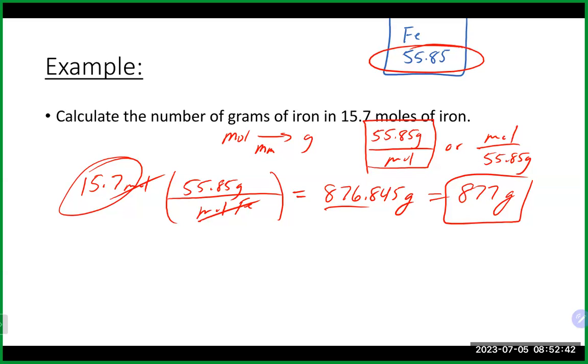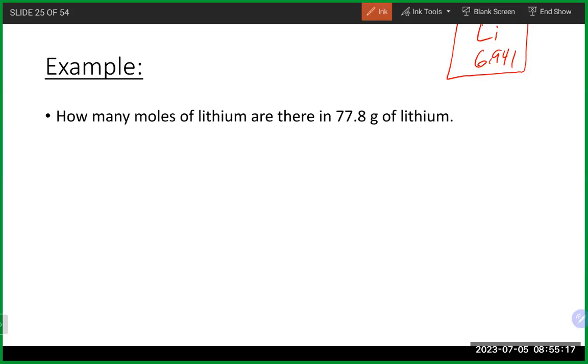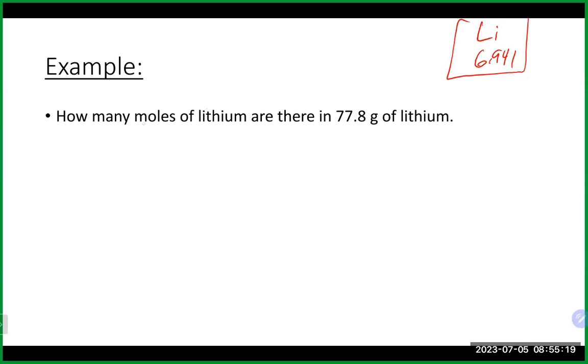Okay, let's continue through a few more of these here. How many moles of lithium are there in 77.8 grams of lithium? Lithium is 6.941, I think. So on this one here, once again, we want moles.